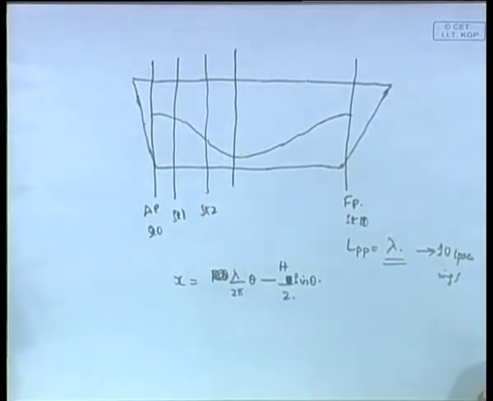Now this h, the wave height, is a property of the wave that is being studied. In general, when you are doing ship analysis, you come across waves that have a height of the order of LWL or LPP divided by 20.